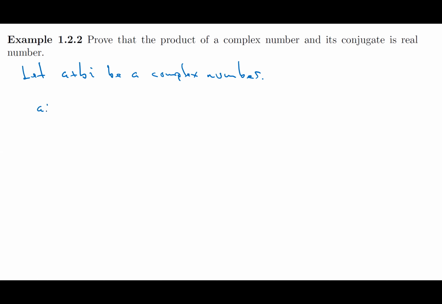Well, I'm multiplying a plus bi times its conjugate, a minus bi. When I do that, I get a squared plus abi minus abi minus b squared times i squared.